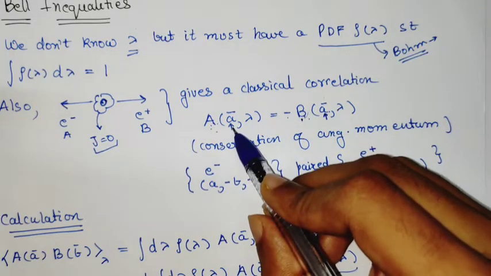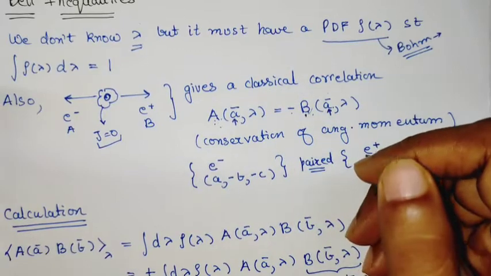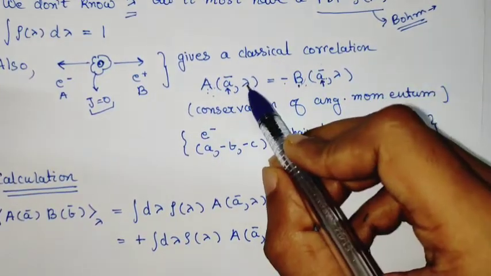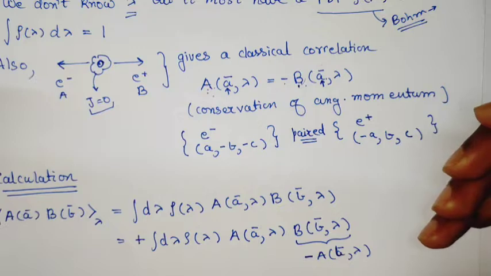So this kind of a relation must also be satisfied by the hidden variable theory lambda, because it is after all a classical relation.